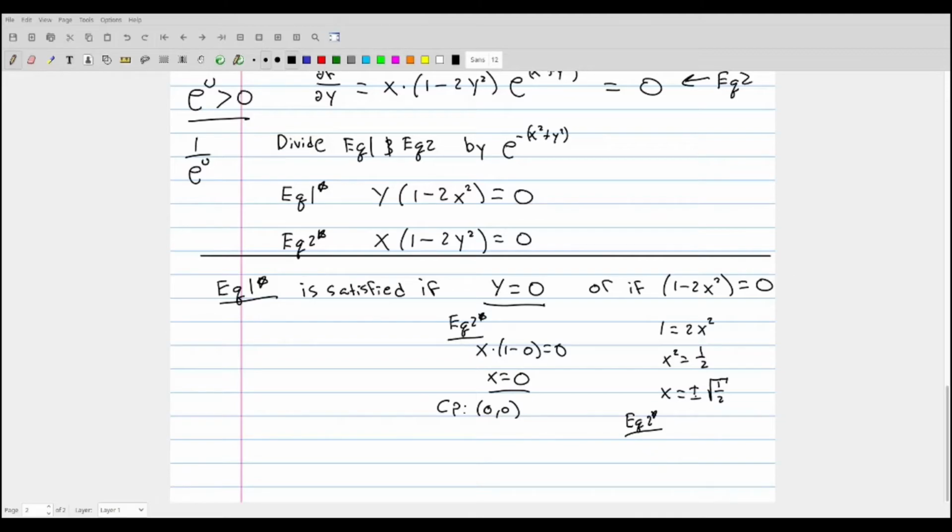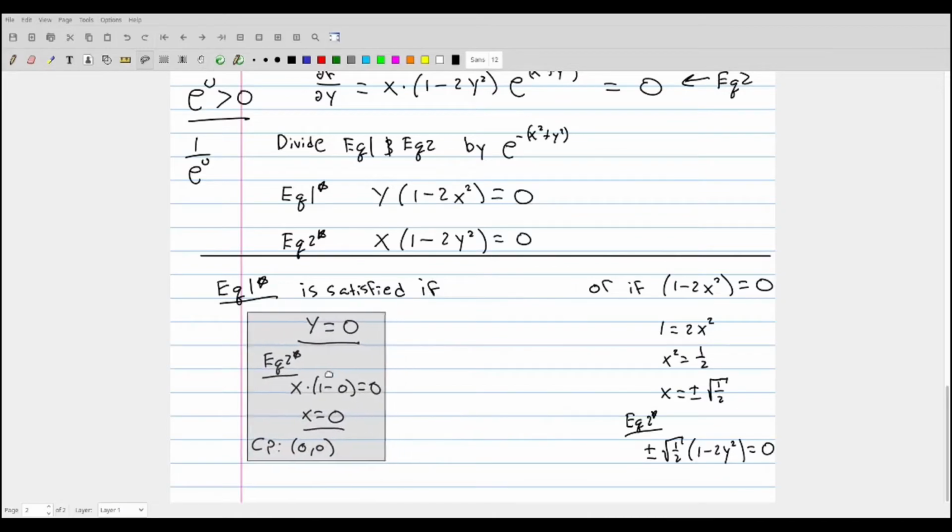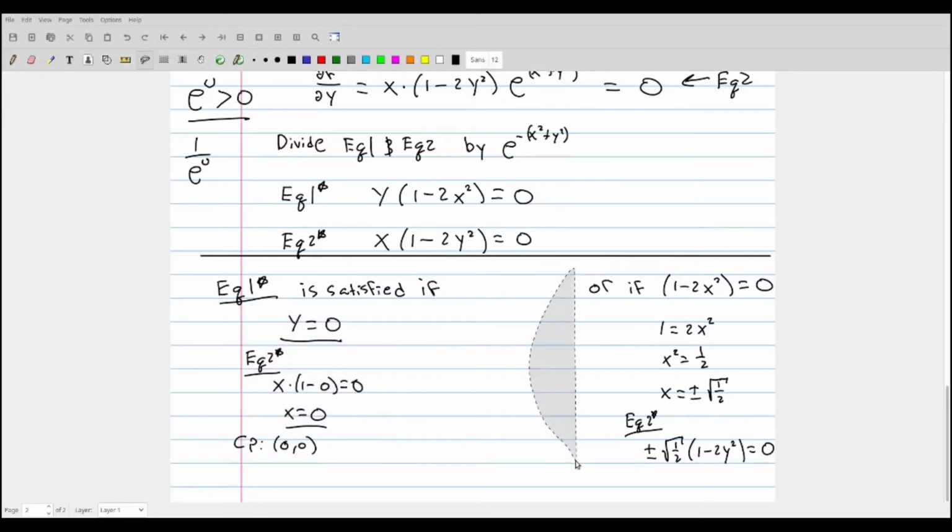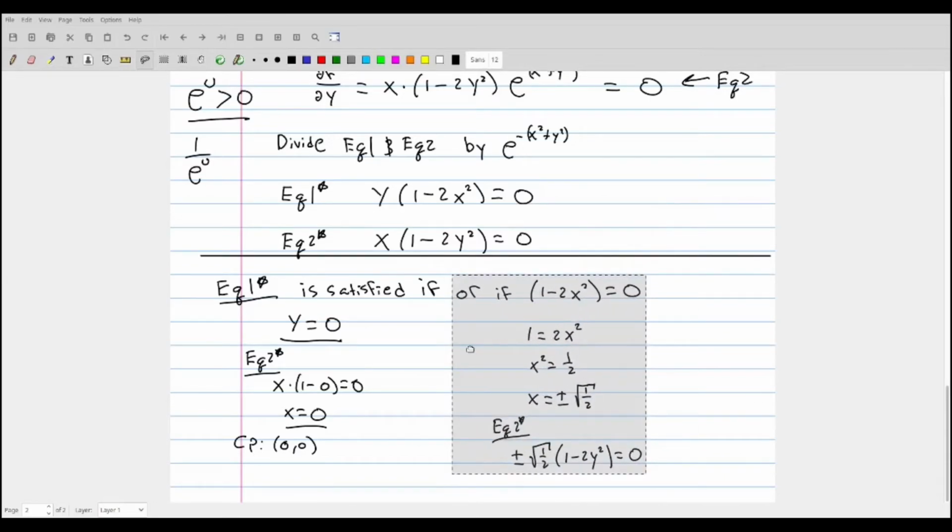In equation 2 star, if x is plus or minus the square root of 1 over 2, it becomes the equation plus or minus 1 over the square root of 2 times (1 minus 2y squared) equals 0.